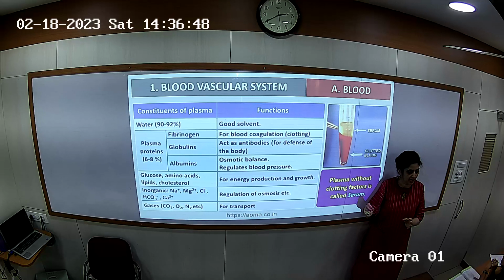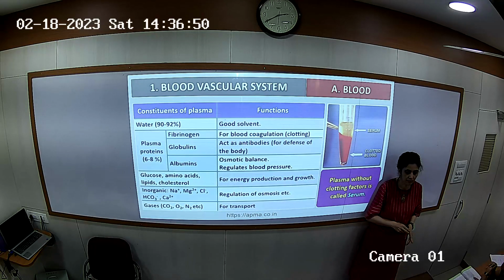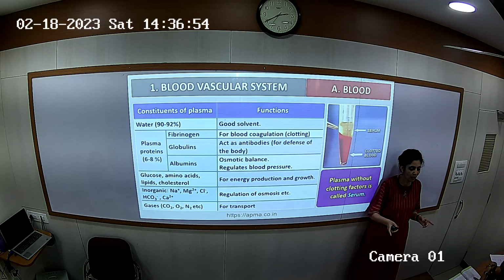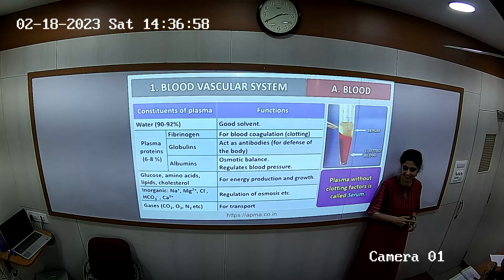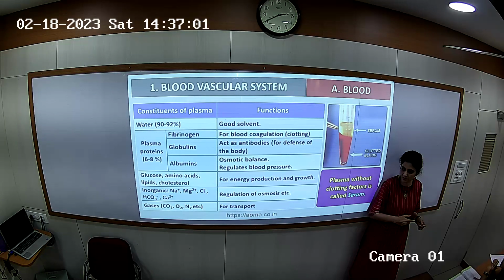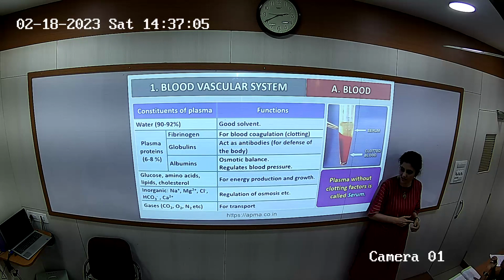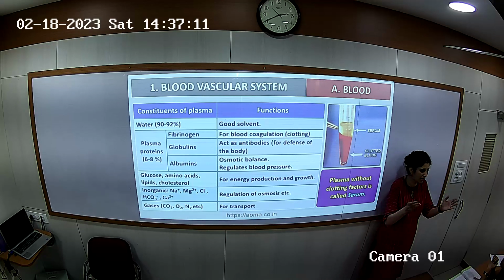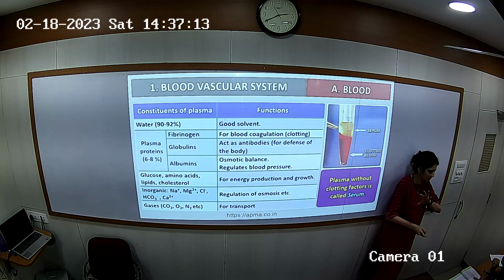So dash minus dash is equal to dash. Plasma minus clotting factors is equal to serum. So plasma minus serum is equal to clotting factors. Same thing. But the logical thing is plasma minus clotting factors: when the clotting factors are used up, what is remaining is the serum.